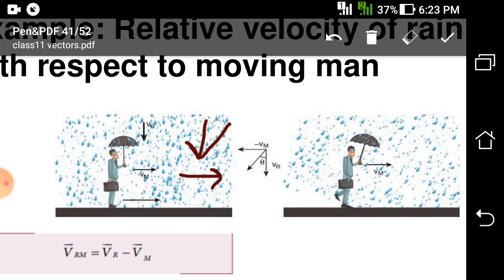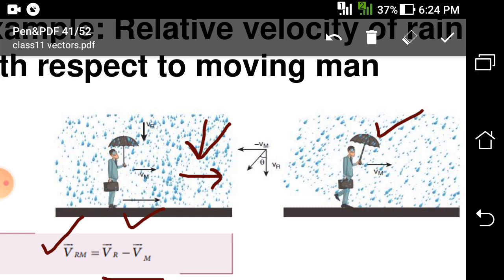Vm is the velocity of man. You have to find the relative velocity of rain with respect to man, and the formula is Vr minus Vm. Vr is the velocity of rain and Vm is the velocity of man. In which direction he has to hold the umbrella so that he can protect himself from the rain.